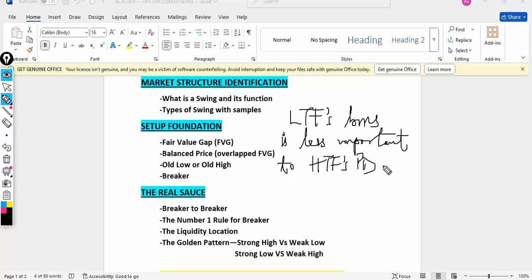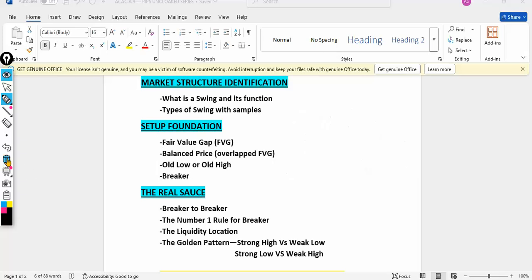And like I said, I don't use all the PDRAs, but if you want to learn more about it, go to the ICT YouTube channel, you know about PDRAs, and these are the PDRAs that I'm using. Okay, so it's less important.